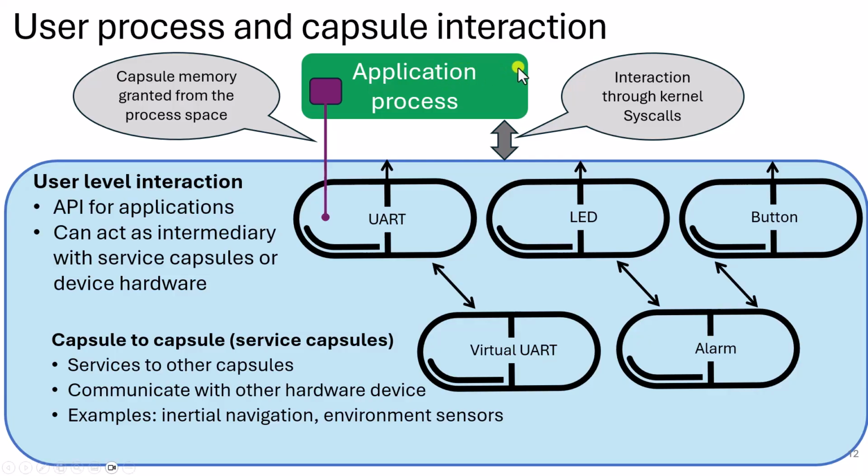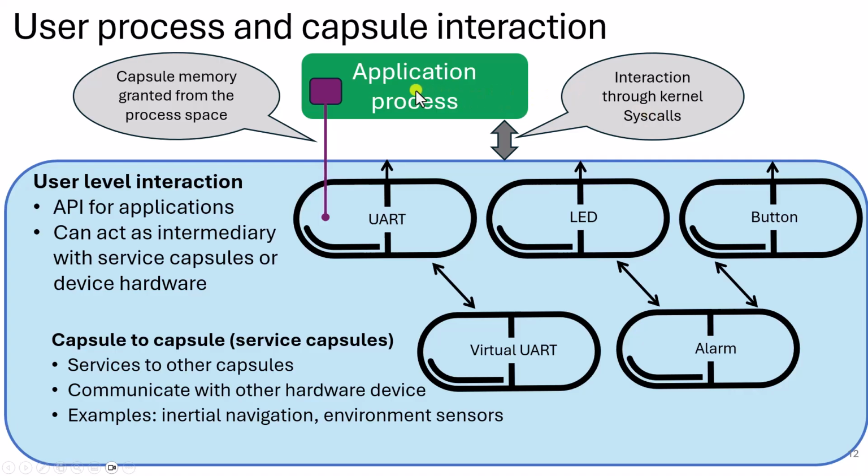That way, as you get multiple processes running, they can each grant their own memory to the capsules to use for their buffering or for other information that needs to be transferred where there's more information than you would want to pass through a syscall.